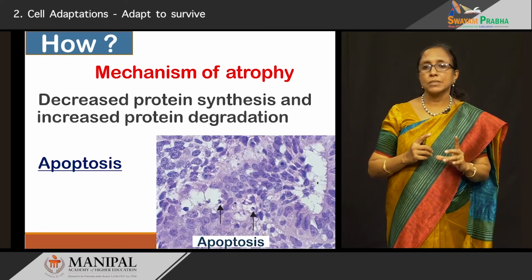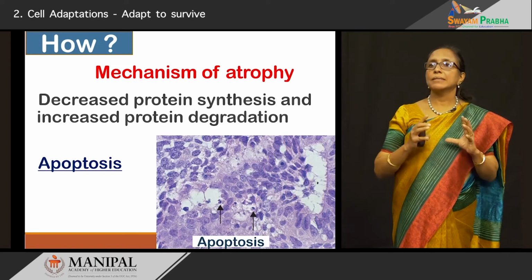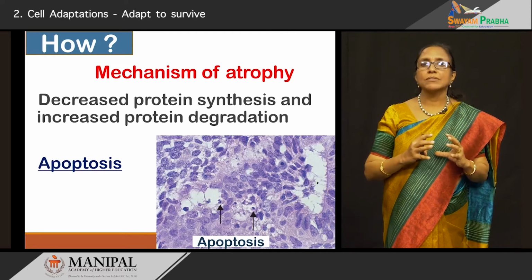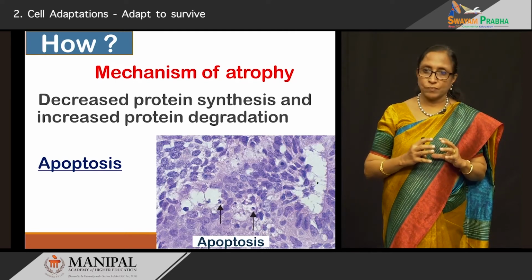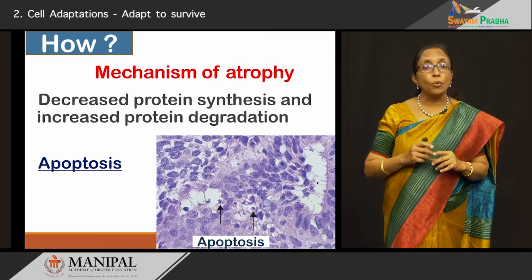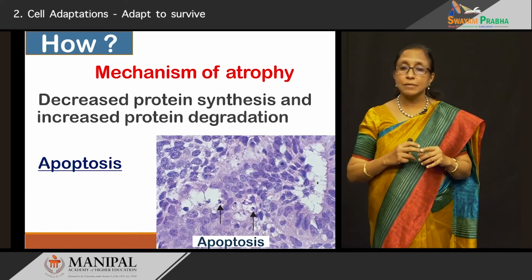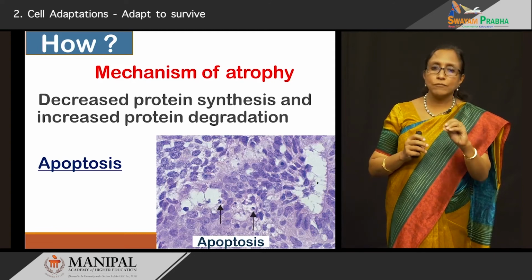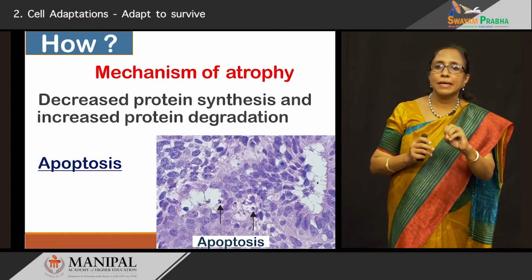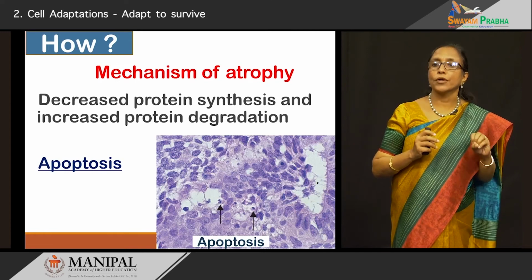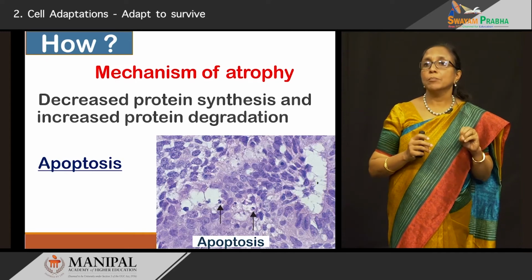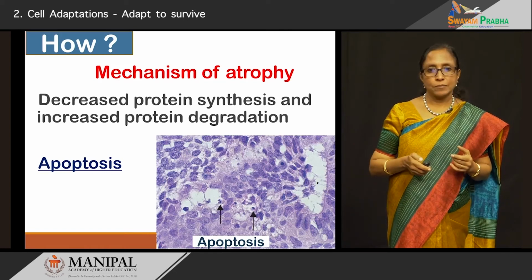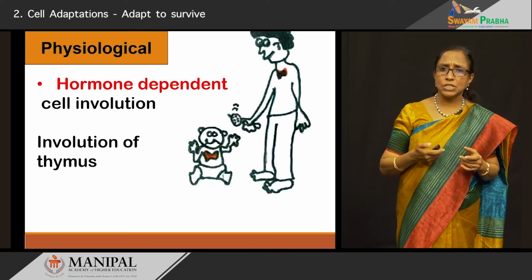Another very important mechanism whereby the cells decrease in size or the organ undergoes atrophy is the process of apoptosis. Apoptosis is programmed cell death. It is a form of cell death where the selected cells which have to die are removed or destroyed or killed. So that is an important process where atrophy occurs.